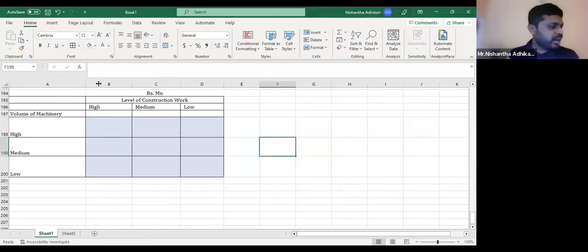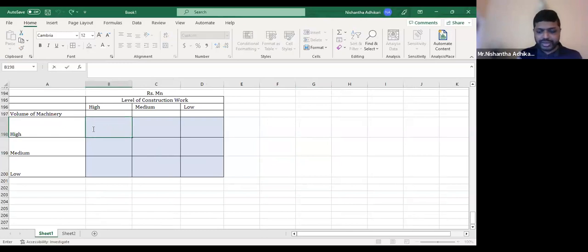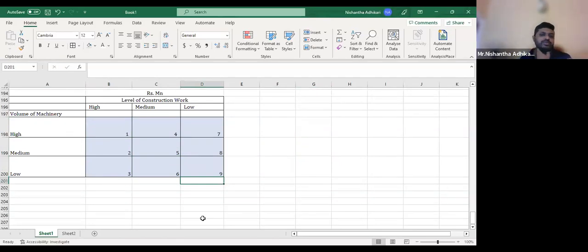There are 9 outcomes. We will look at volume of machinery high and level of construction work high. I will place this as 1, this as 2, 3, 4, 5, 6, 7, 8, 9 outcomes will be there.